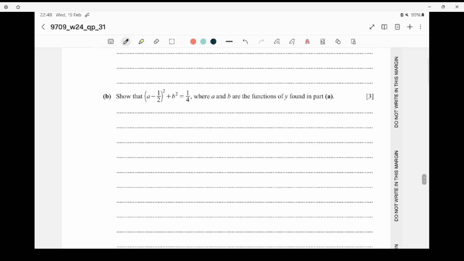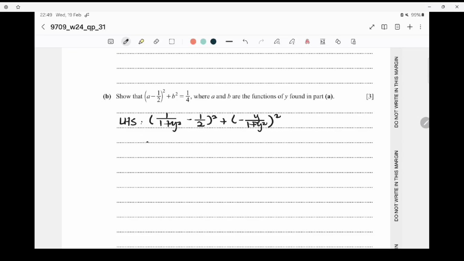Show that the left hand side equals the right hand side. So you can directly substitute inside. You have 1 over 1 plus y squared minus 1 over 2, all squared, plus b squared, minus y over 1 plus y squared, whole thing squared.